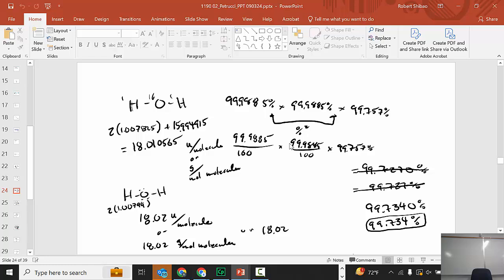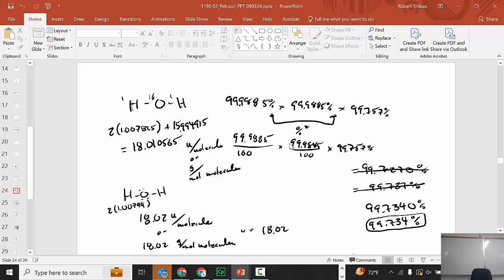Well, what happens is when you try to combine at the end all of the percentages generated for all 9 possible water molecules, it doesn't add up to 100%. And so there's for sure something wrong with that. And so that's one way you could have figured out it was incorrect.